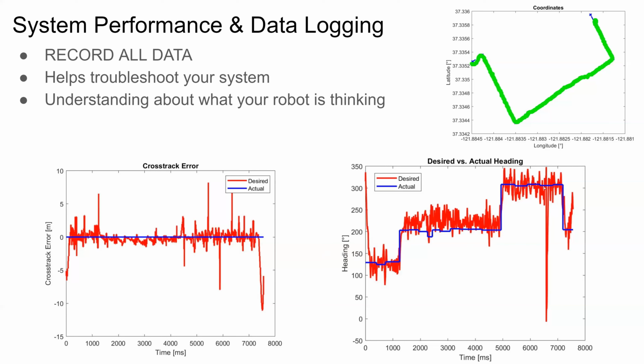And then there are a lot of large spikes. This is where the robot would make a full 360 because it just got so thrown off of its course. So this information showed us that our system in the end wasn't perfect. It still could have used a lot more improvements as far as the control system is concerned.